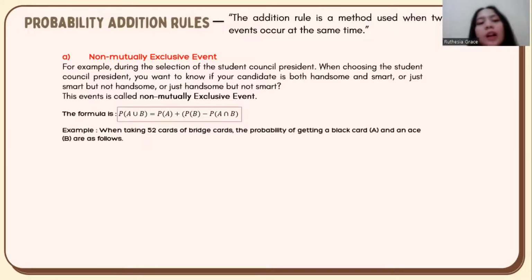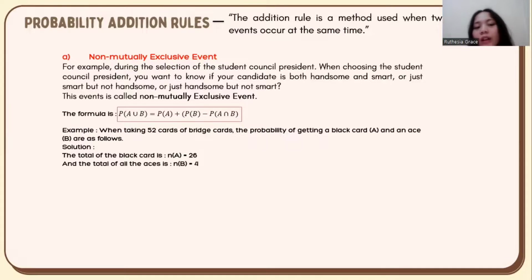For example, when taking 52 bridge cards, what is the probability of getting a black card, A, or an ace, B? For the solution, we know that the total of black cards is 26 and the total of all the aces is 4.